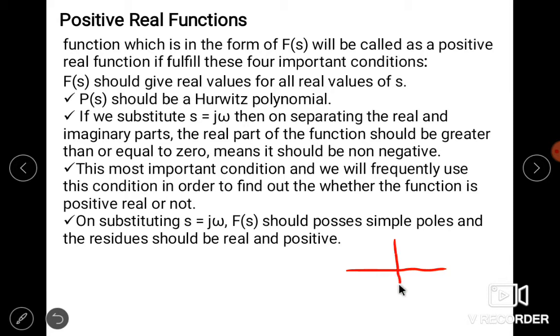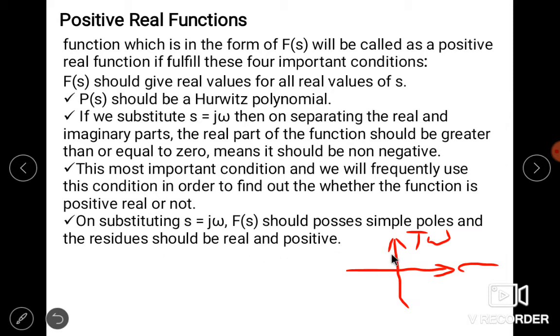If I would like to draw this one, this is omega, this is j omega. So on substituting s is equal to j omega, f(s) should be positive simple poles, and the residue should be real and positive.